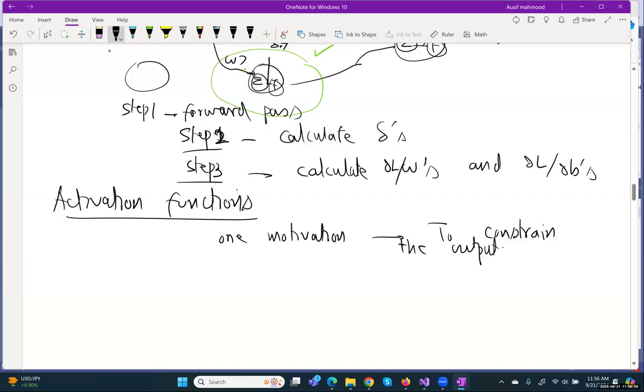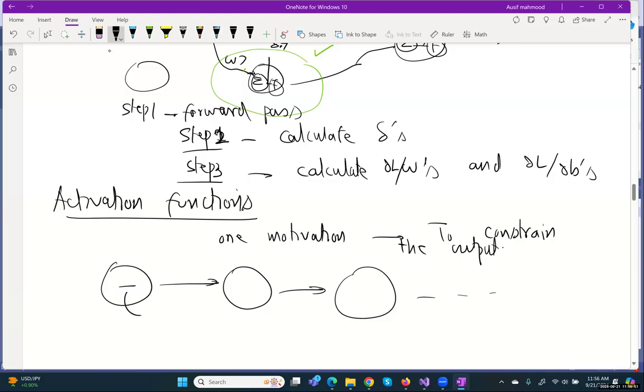Okay, to give you an example: as we are going through one neuron to another neuron to another neuron, suppose at some point in time it produces some value, let's say 25.7.